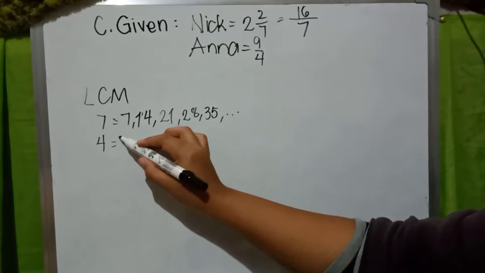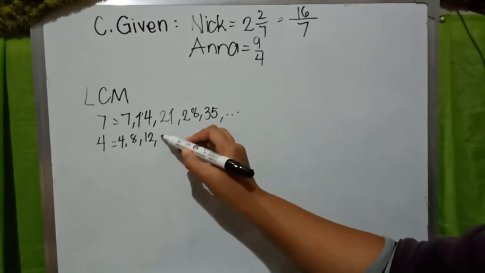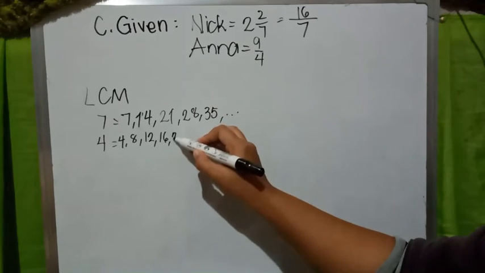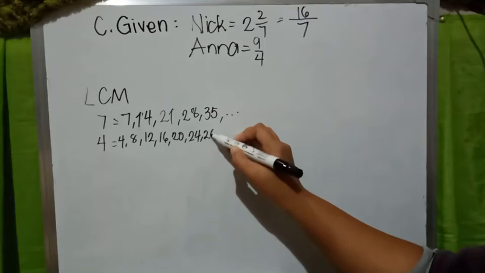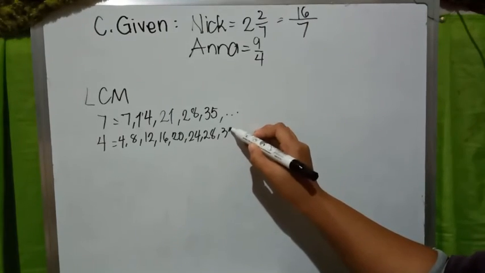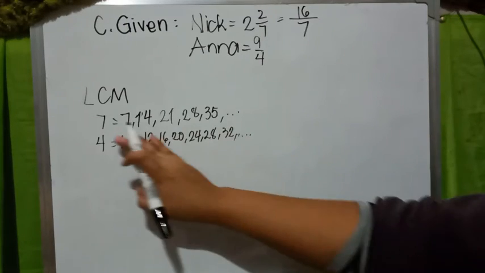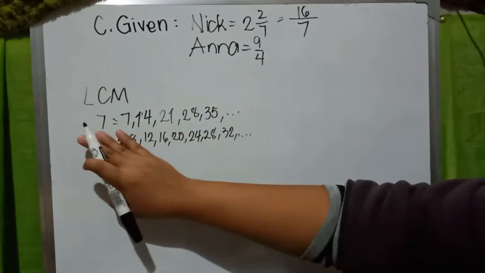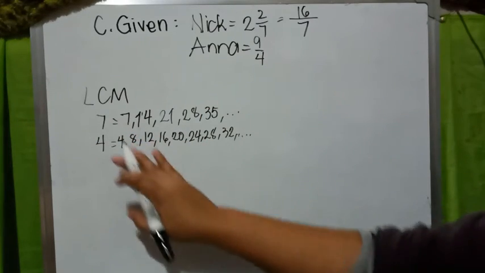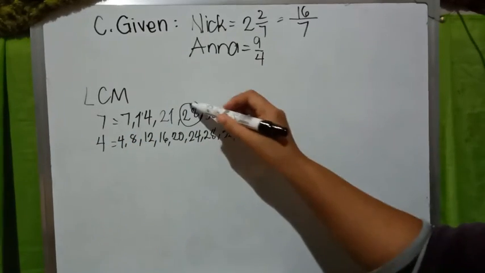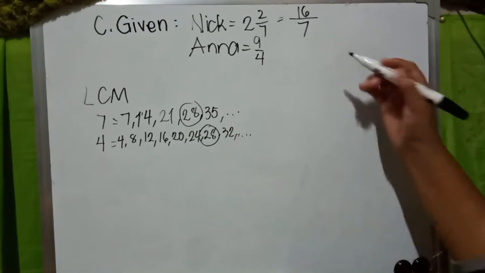While 4, 8, 12, 16, 20, 24, 28, 32, and so on. So as we observe, the least common multiple between them is 28.